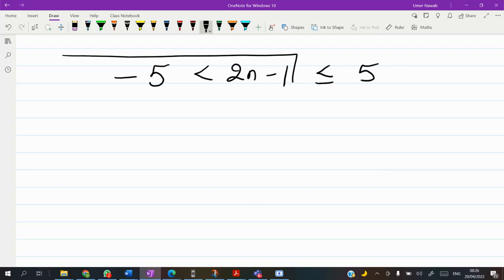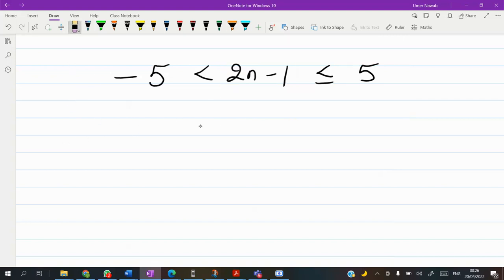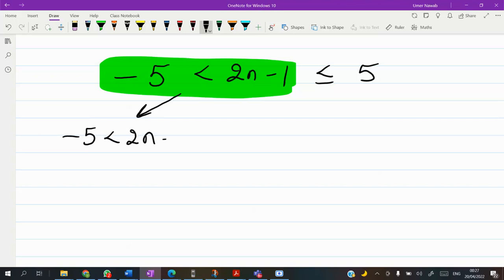So you write this inequality separately, and here I write this inequality separately. Let's try. I'm going to start solving this inequality down here, and this part of the inequality will be solved separately here.